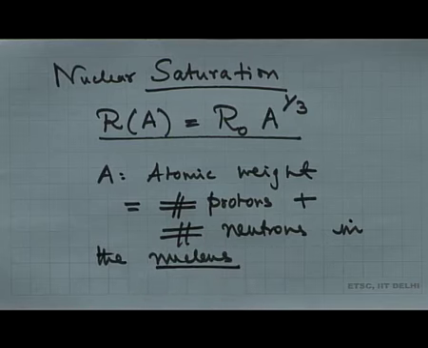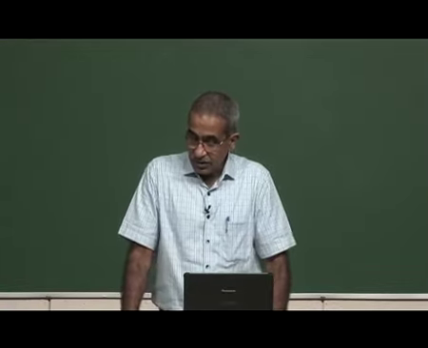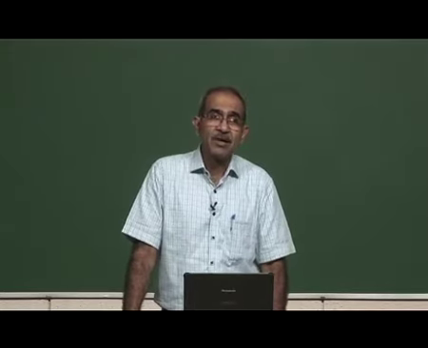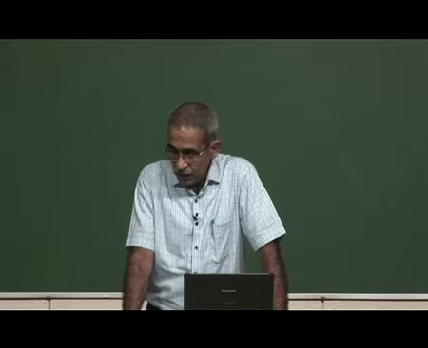If you ignore minute mass differences between the proton and the neutron, and also minute mass differences because of the mass defect or the binding energy, then A also would represent atomic weight to a fairly good approximation. That is what we did.